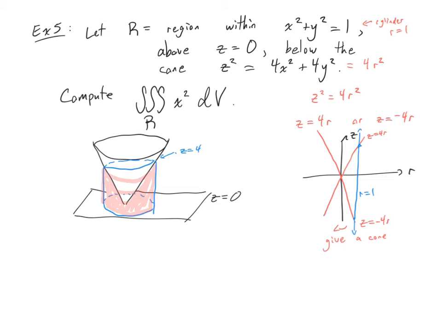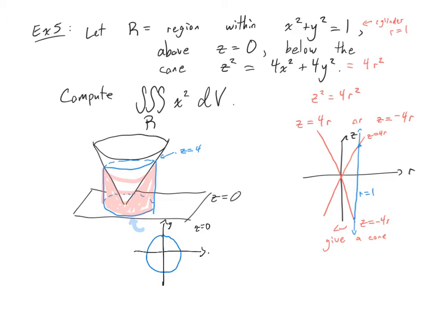So let's do that. The other thing I should maybe draw is the xy plane. You can already see the xy plane in this picture. In there, we have a circle, and that's going to be our polar coordinate circle. So this is the plane z equals 0.